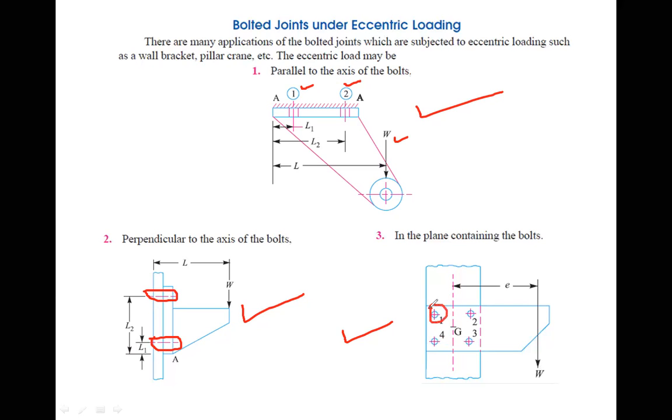The bolts have axes which are in the plane of our plate. So the bolt axis is perpendicular to the screen, or perpendicular to our board. So this is the third condition.